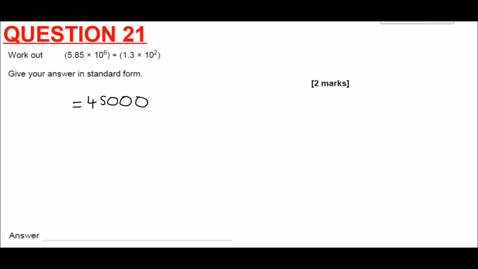Now in standard form, if you bear with me for a while as well, I'll explain how your calculator can do this hard work for you, but to get a number in standard form, the first part of a number needs to be between 1 and 10. So at the minute, 45,000 is quite clearly bigger than 10. So where would we put the decimal for this number to be in between 1 and 10?